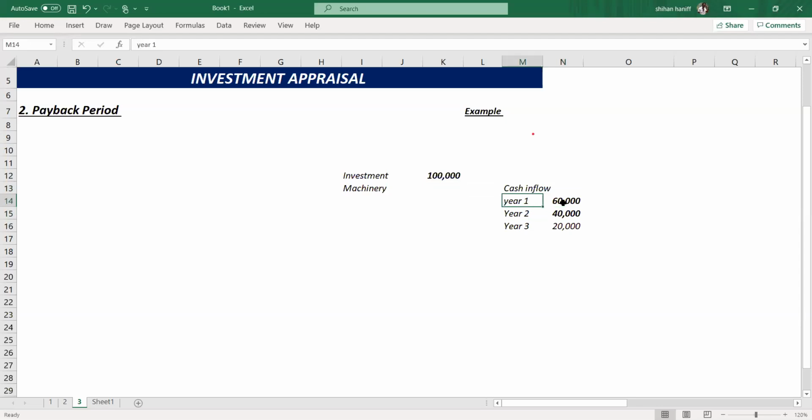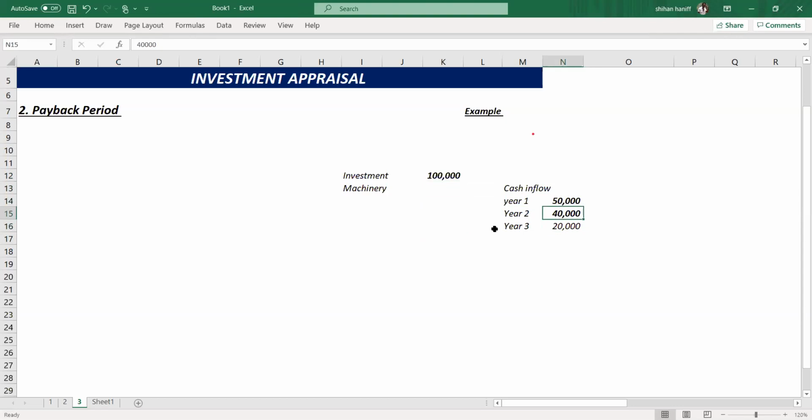Very simple. Let's say my investment is 100,000. Year 1, I'm receiving 50,000.